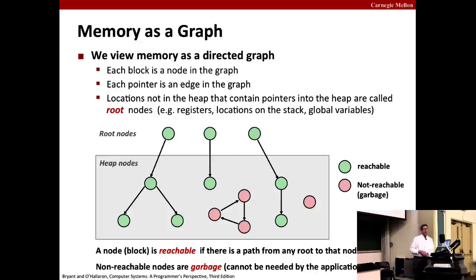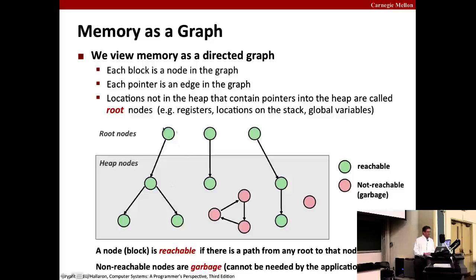All right, so how do we build an allocator? We start by viewing memory as a directed graph, where each node in the graph corresponds to an allocated heap block, and each edge is a pointer that's contained somewhere within that block, a pointer to another block.